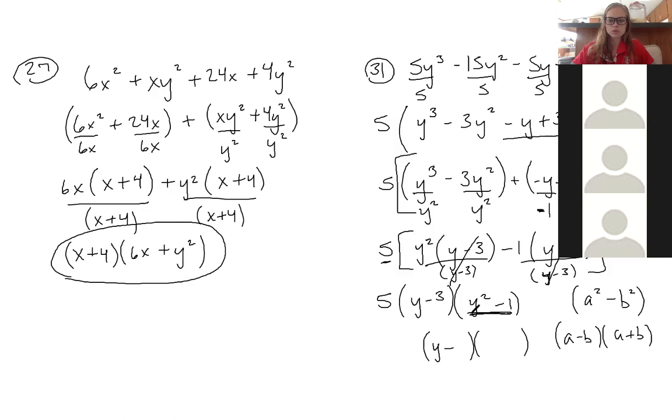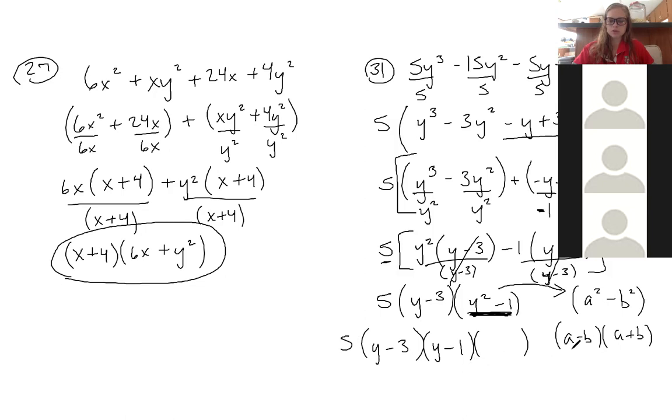Well, we're doing y squared minus 1. This is in the form a squared minus b squared. So this is what's going to factor. We'll go ahead and put y minus 3 and 5 over here because we can't factor those anymore. So what's y squared minus 1 factor to? y minus 1.